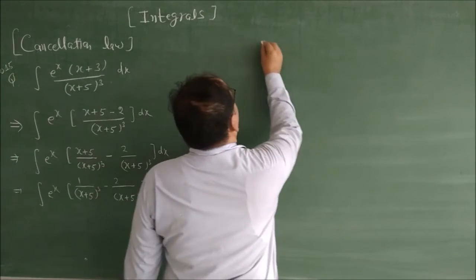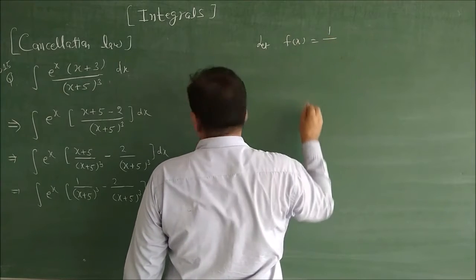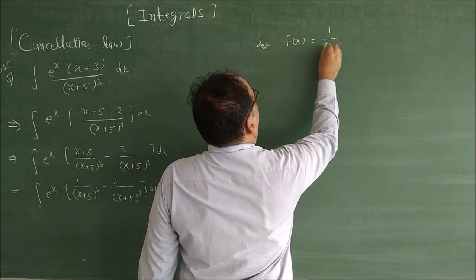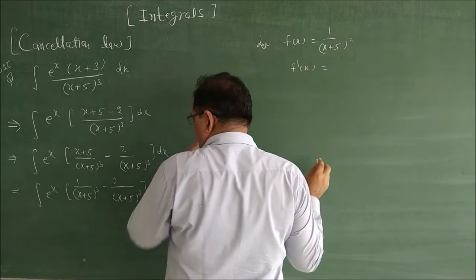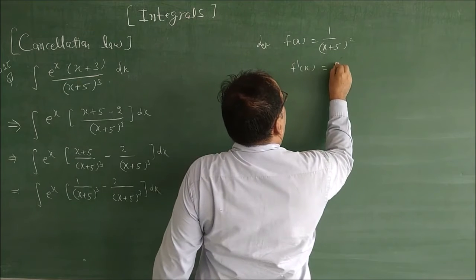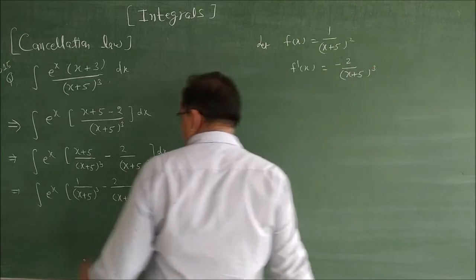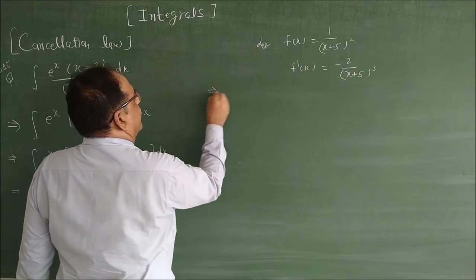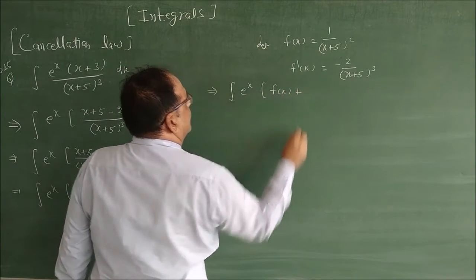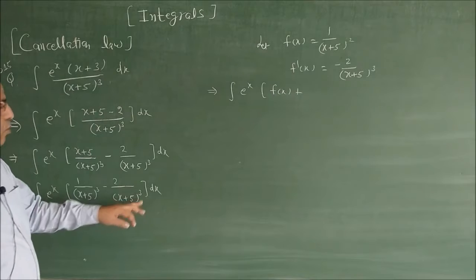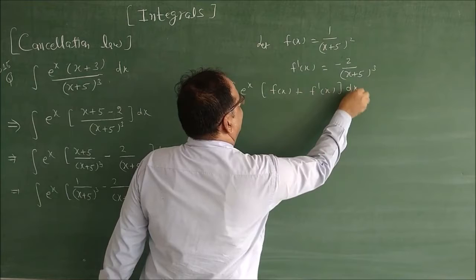Now let f(x) equal 1 upon (x plus 5) whole square. So the differential of f(x), f'(x), will be minus 2 upon (x plus 5) whole cube. So now our question is converted into the format e to the power x [f(x) plus f'(x)] dx.